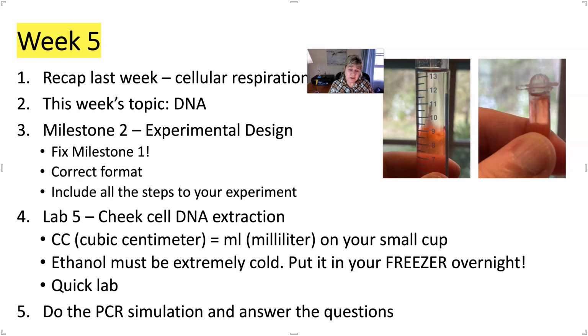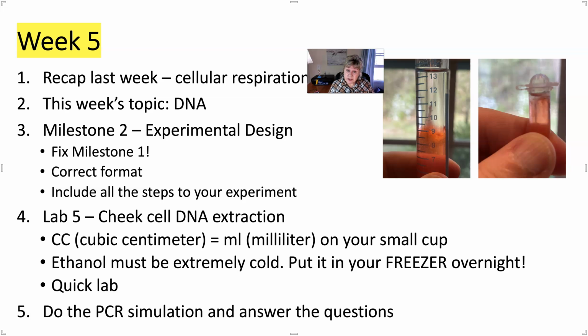You're going to include all the steps to your experiment. So this week is experimental design. So what are the steps to your procedure? And you need to get very specific. Exactly how much salt are you going to add into cup number 1? Exactly how much salt are you going to add into cup number 2? Exactly how much water will be in cup number 1?